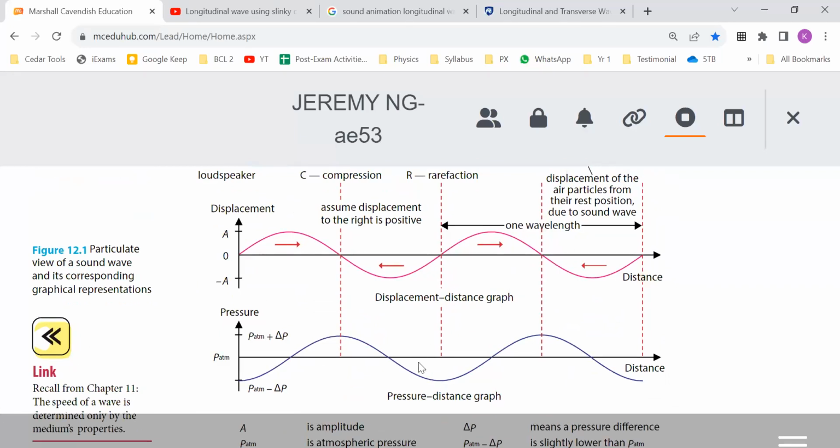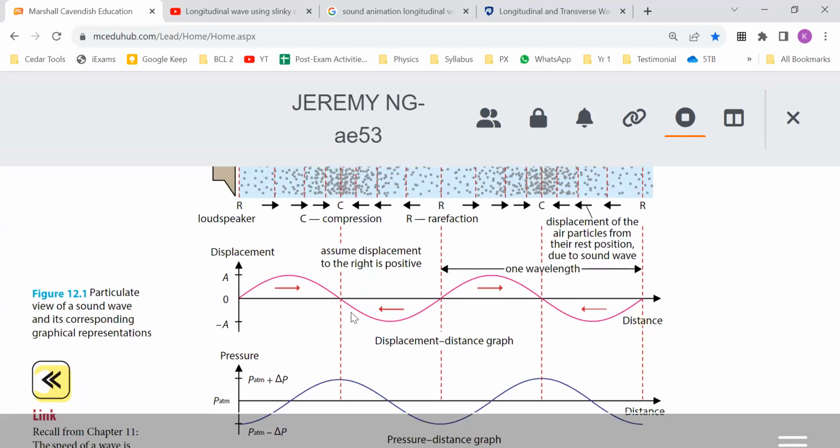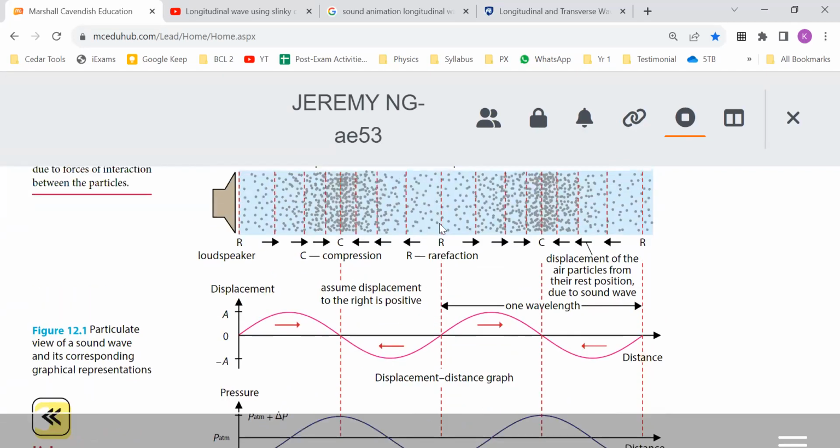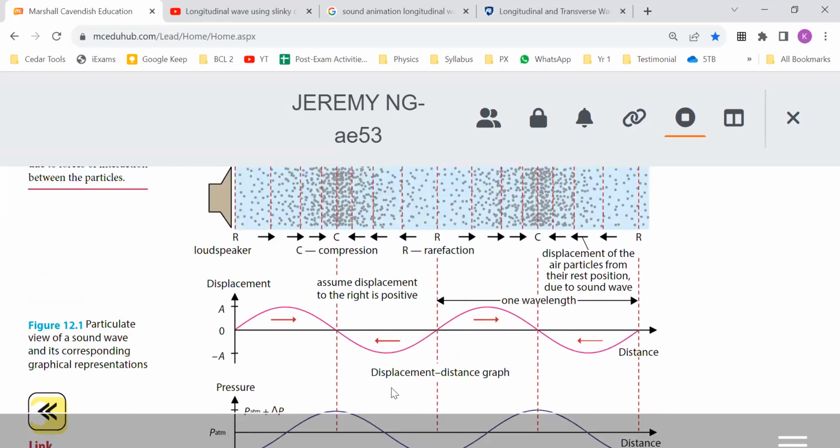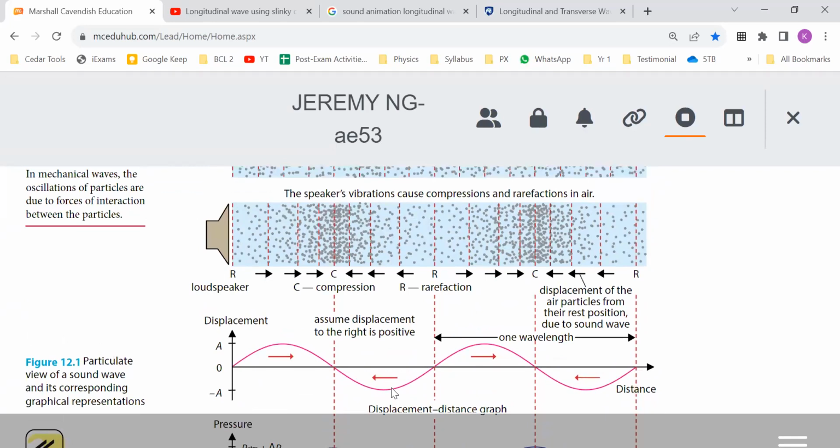What's really interesting is that the center of compression, which corresponds to high pressure, and the center of refraction, which corresponds to low pressure, are always at a position where the particle happens to be at its equilibrium position.